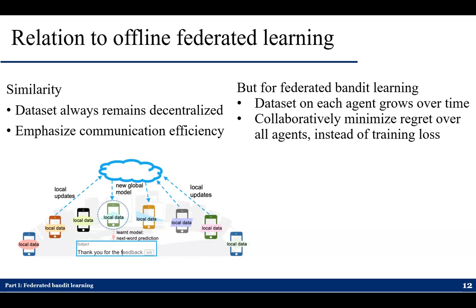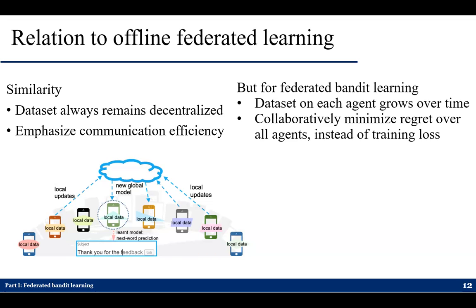So for offline federated learning, they're simply communicating gradients or some local models. The model is being updated and trained at the client, and the server will also update the model.